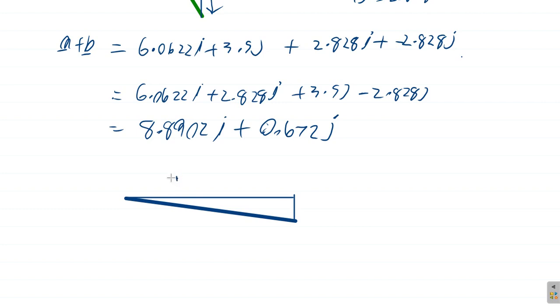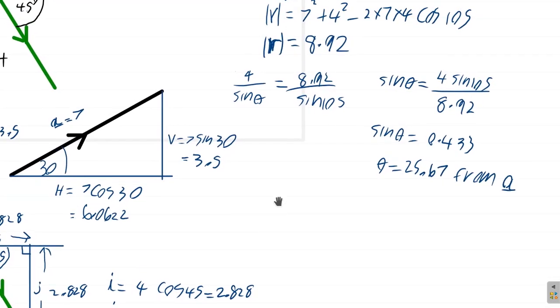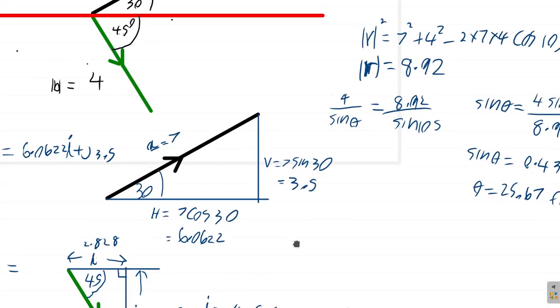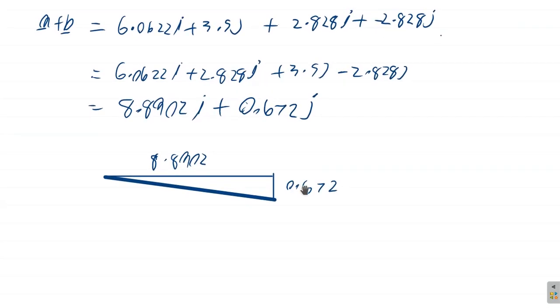Now we'll see what happens with this. This resultant is 8.8902 and 0.672, right? Remember the answer we got before, 8.92, it should be close to that. Anyway, if this is the resultant, R, sometimes they use big bold R for the resultant too.